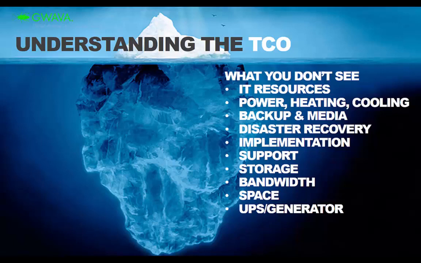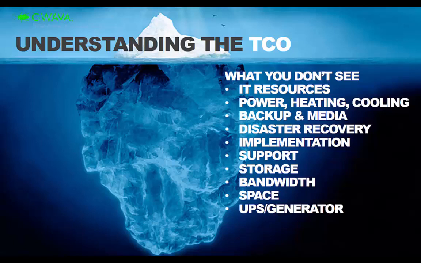To help you understand what it's really going to cost you, you have to remember this idea of an iceberg, right? So in the iceberg, you see a little bit of it. When you are looking at your costs, you're going to see the cost of hardware and software. But what you don't see is everything else that you're doing to support that hardware and that software.